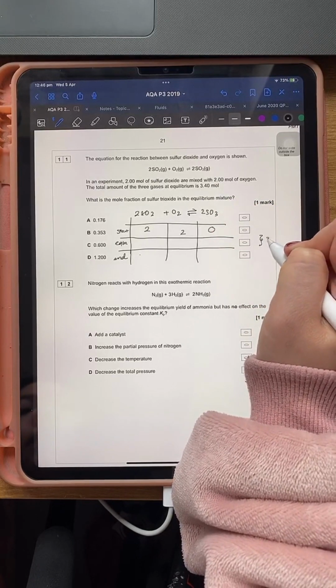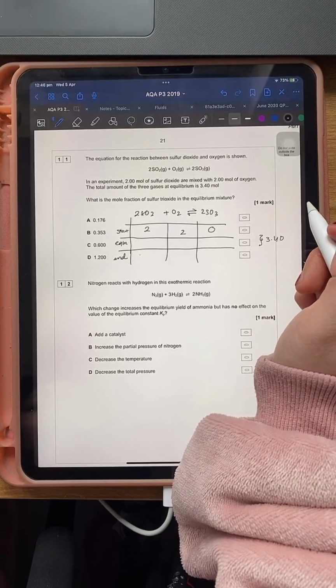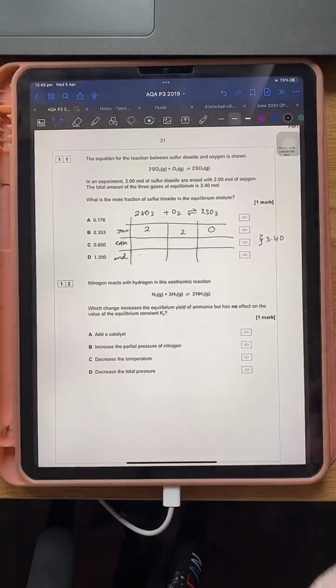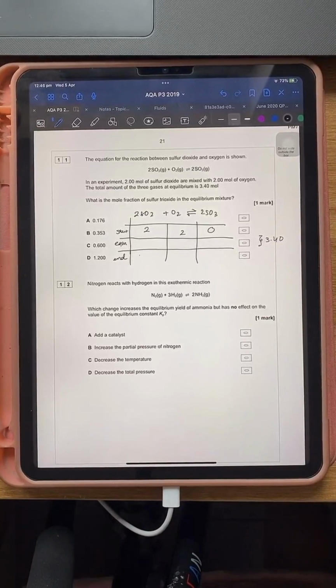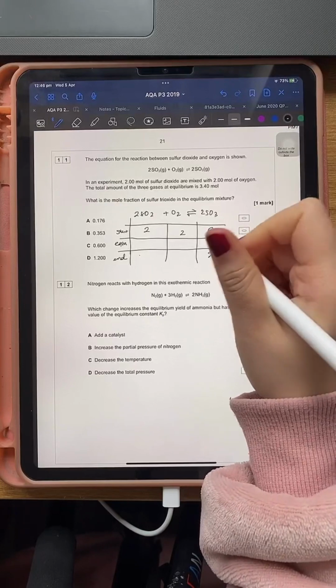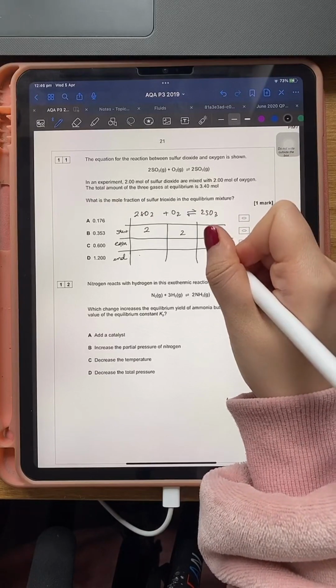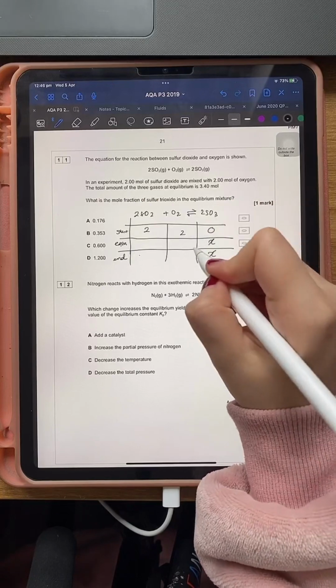And since we don't know any of them, I'm going to put the product as x at the end. We always start with the products. So put the product as x. The change will be x. Use this to find the moles of the rest using the ratios.